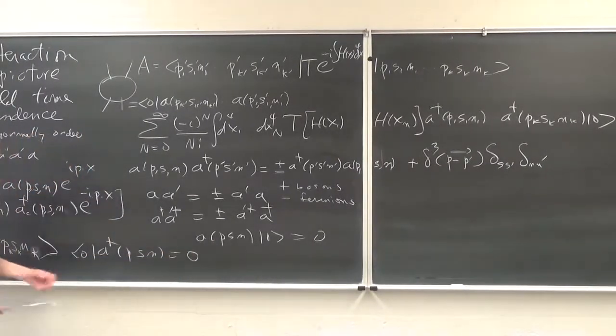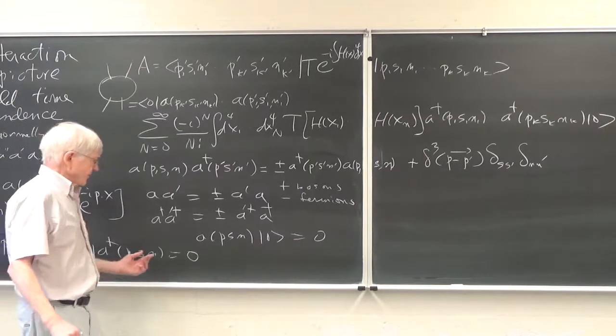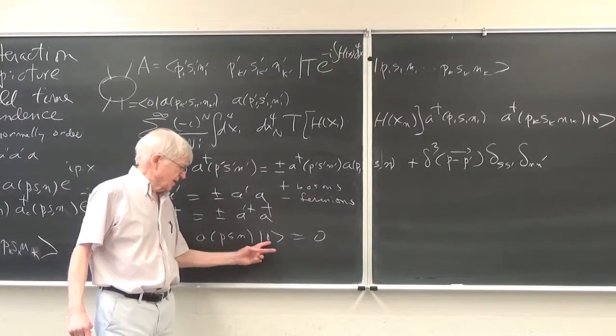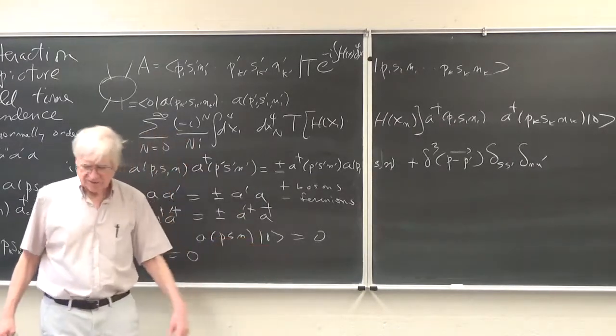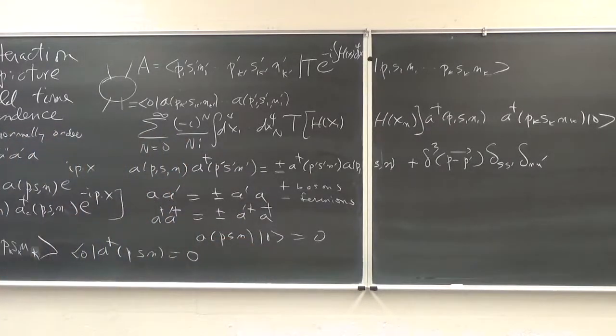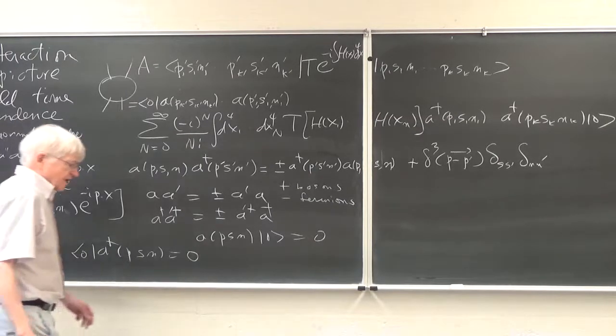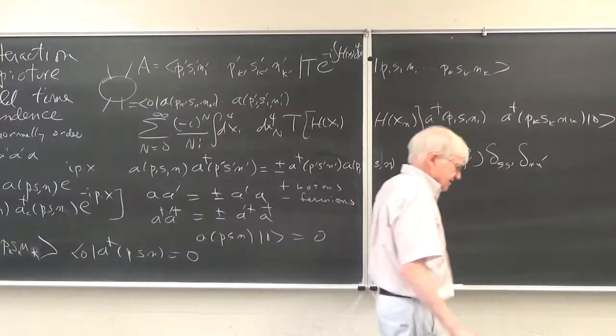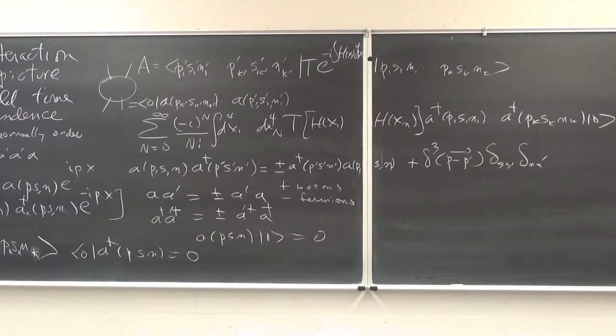So a creation operator annihilates the vacuum when it's on the left, and an annihilation operator annihilates the vacuum when the vacuum is on the right. So that's the whole logic of the thing. And once I've said that, then basically there are no more new ideas. You just have to carry out this enormous procedure.